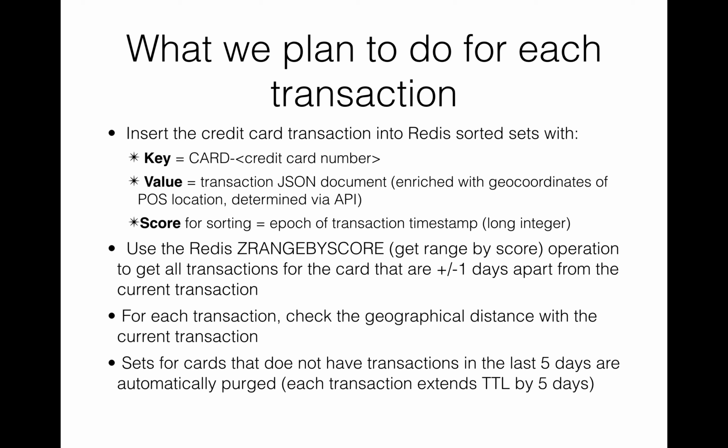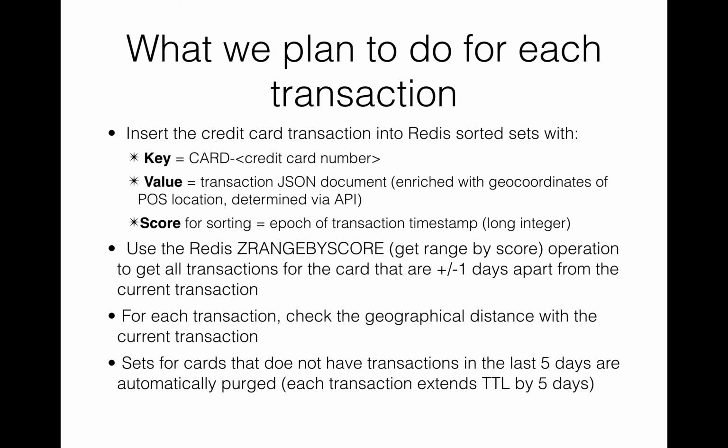So this is the check we're going to do for every transaction. And then we set a time to live of the sorted set of 5 days. So if after 5 days there's no transaction for a given card, the sorted set of the card gets purged.